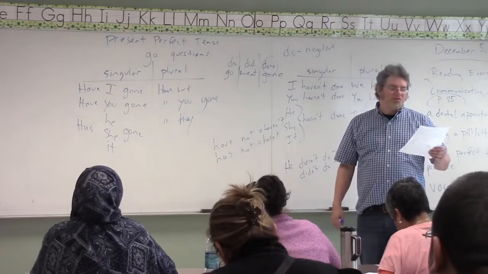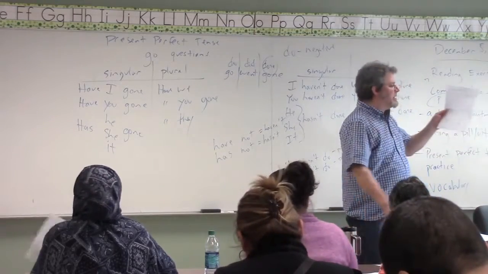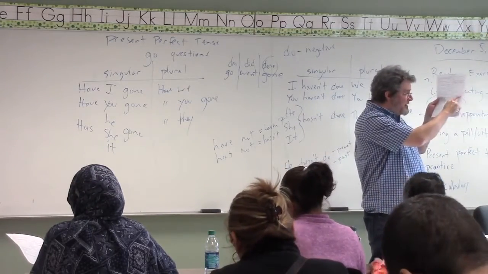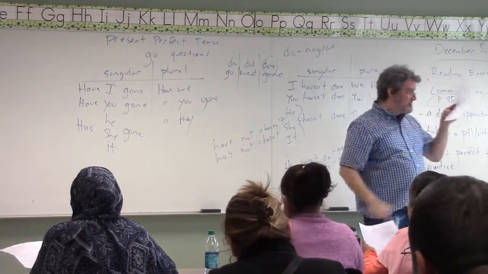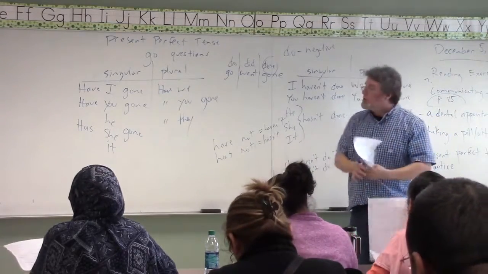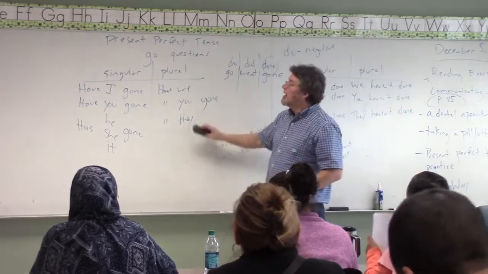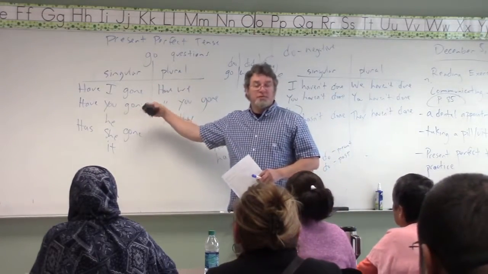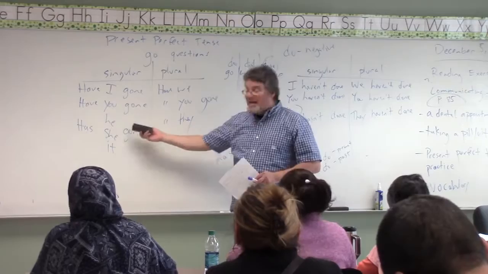Okay, let's finish the last one, last part C. You conjugate the verb give in the present perfect tense negative and in the form of a question. So this happens sometimes where somebody will ask a question, it's in the present perfect tense, but the question is negative.